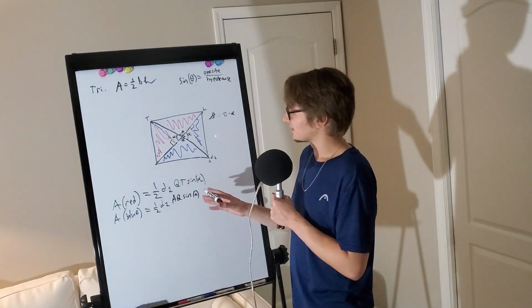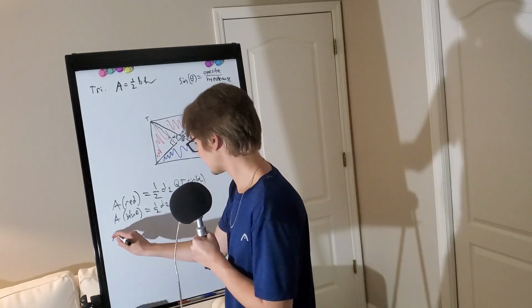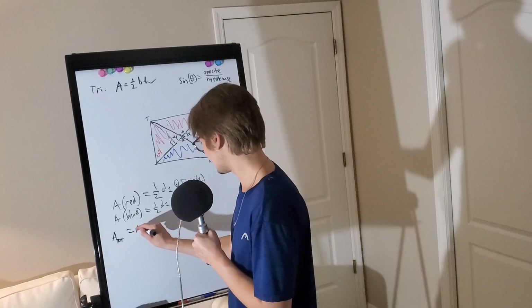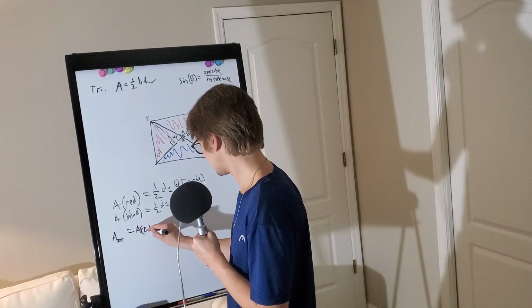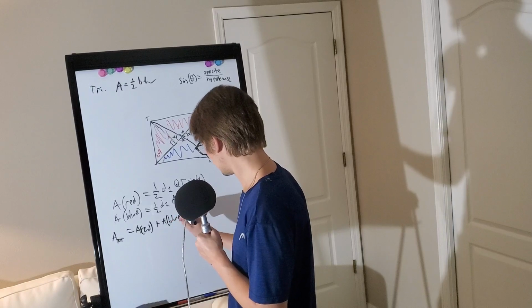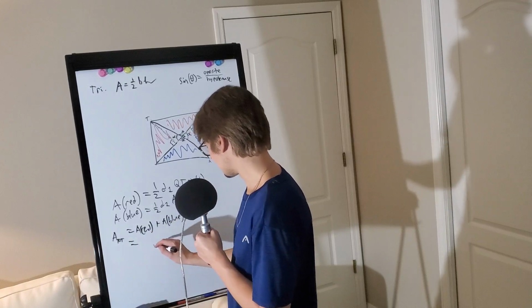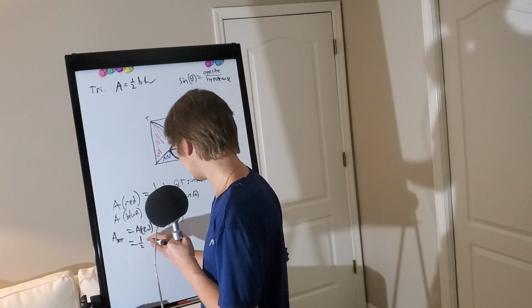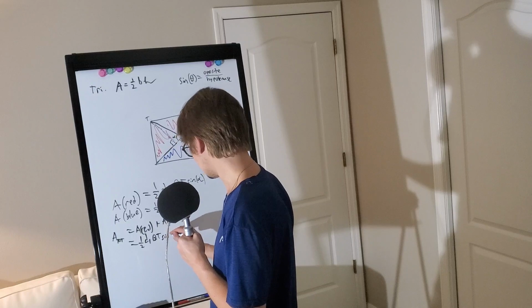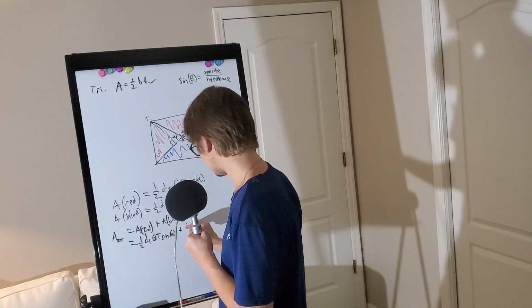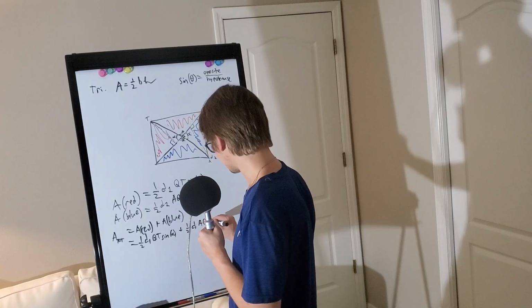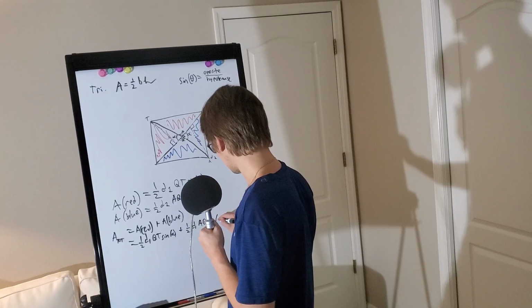Now, our total area that we want to find, we'll call that A total, is A red plus A blue. And that would be 1/2 D1 QT sine alpha plus 1/2 D1 AQ sine alpha.